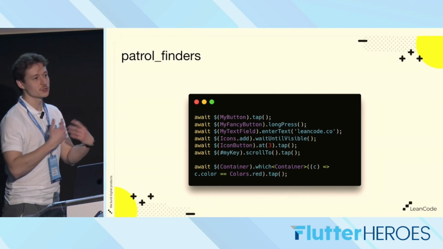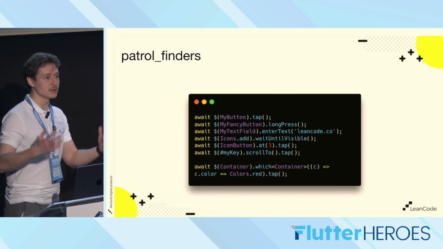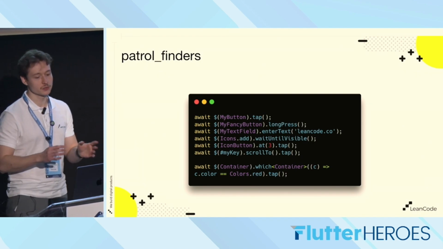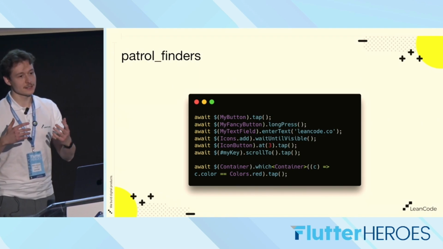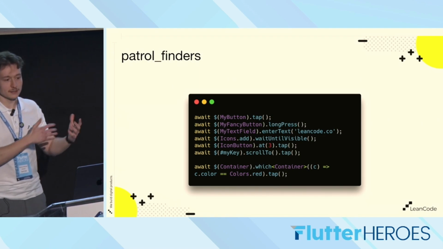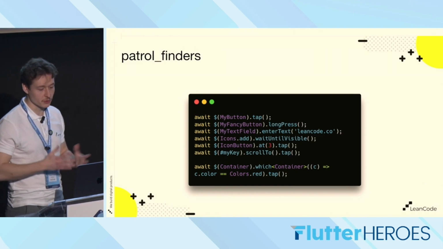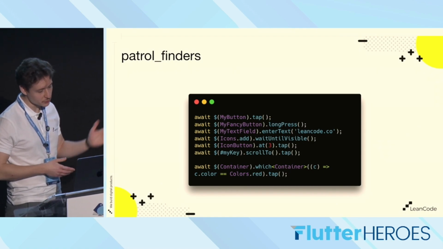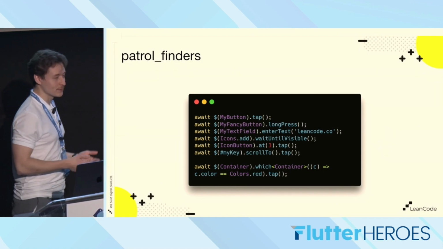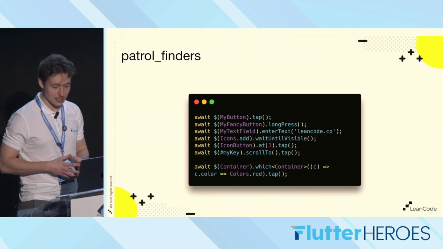It means that the user can interact with it, and it does not only exist in the tree, because normally with Flutter Finders you could have a situation where you think that something is in the tree, but it doesn't mean that it's visible on the screen, right? For example, when you have a scroll view or list view and it caches more widgets. You can use at to find the fourth one, because we index from 0, of course.